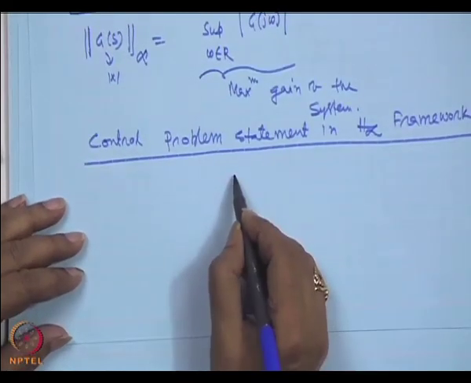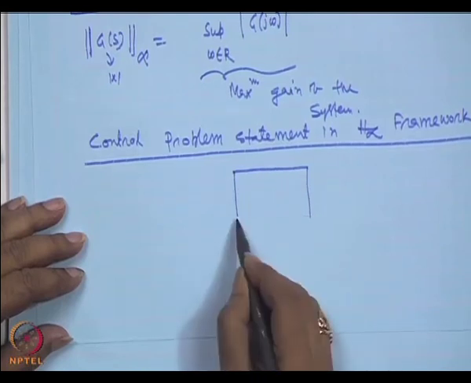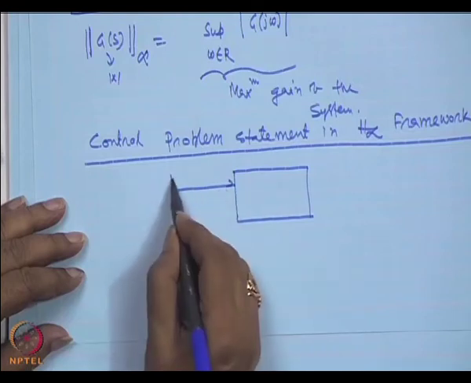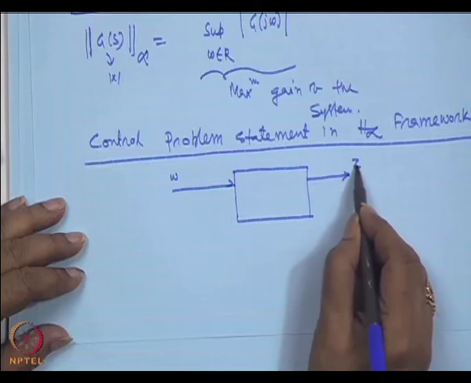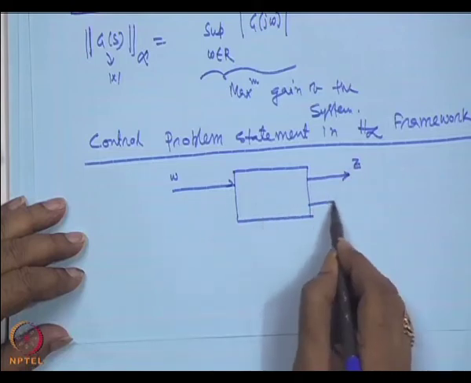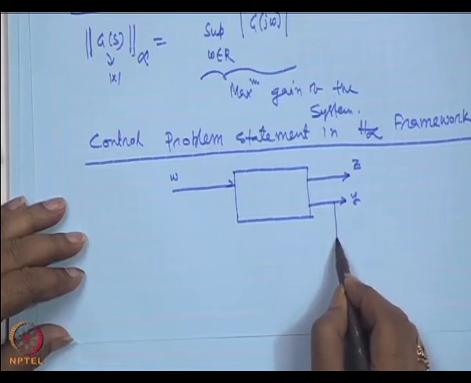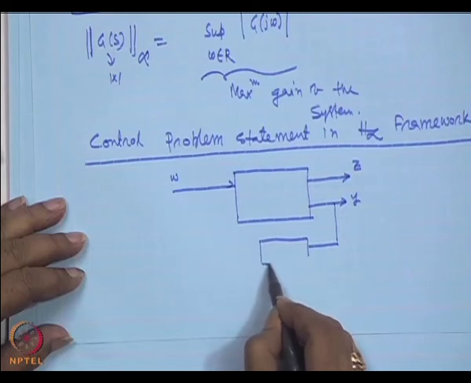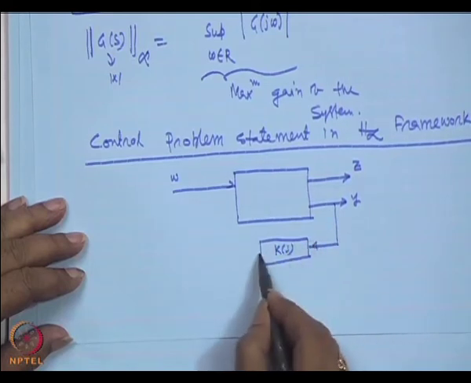You recollect that any system we can put into this framework. W is the exogenous input, Z is the regulated output, and Y is the measurement output, which will be used for designing a controller or generating the control law U. So, it is the output feedback we are considering.